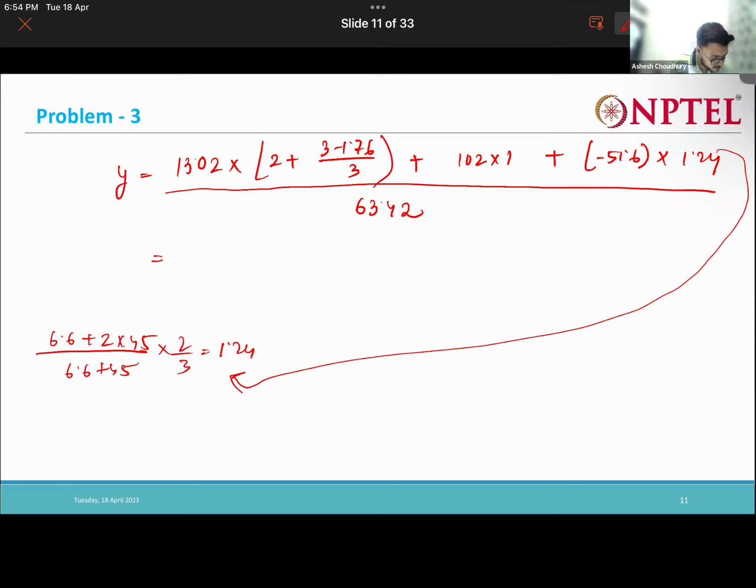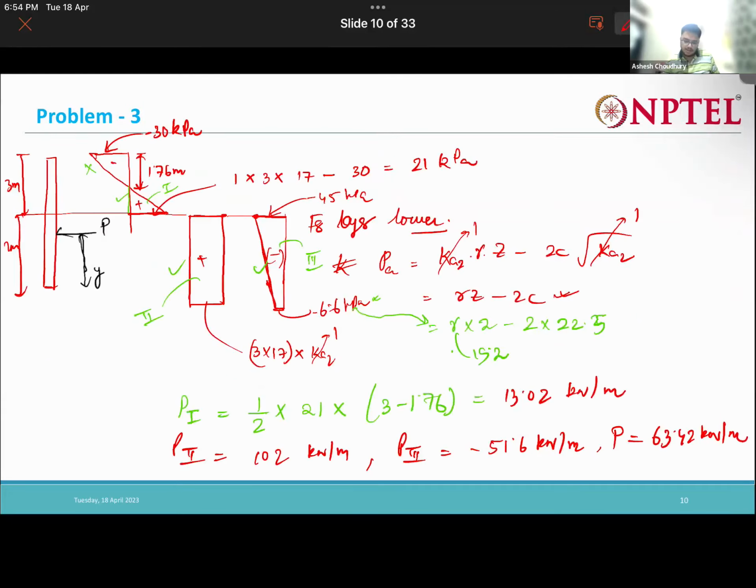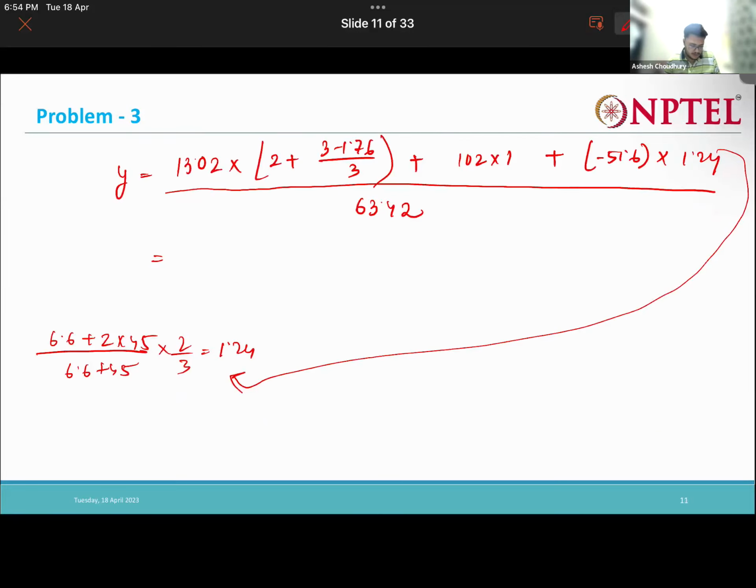How much will it come? 2.28 meter. Then 0.02 into 2 plus 3 minus 1. I am getting 1.09 meter.